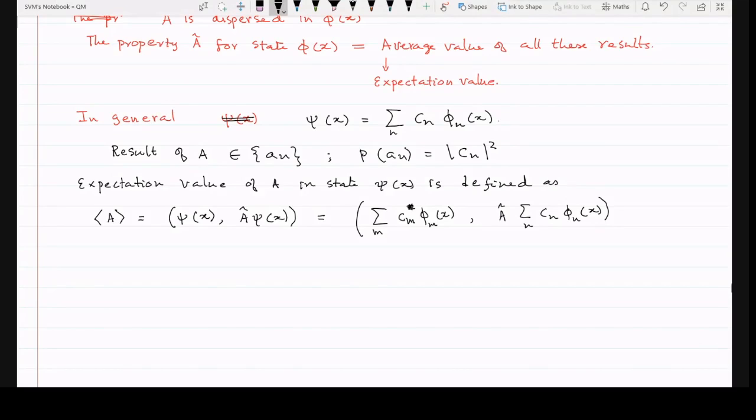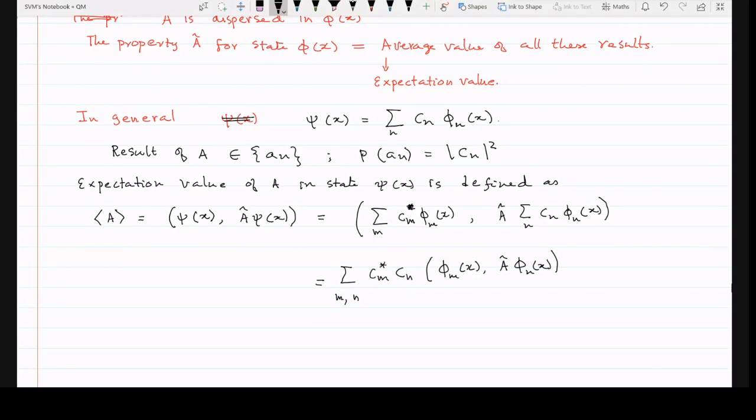Now if I expand this, remember these are eigenstates of A. So this can be written as the sum over m comma n, two indices, of Cm star into Cn, and then an inner product of phi m of x and A acting on phi n of x.